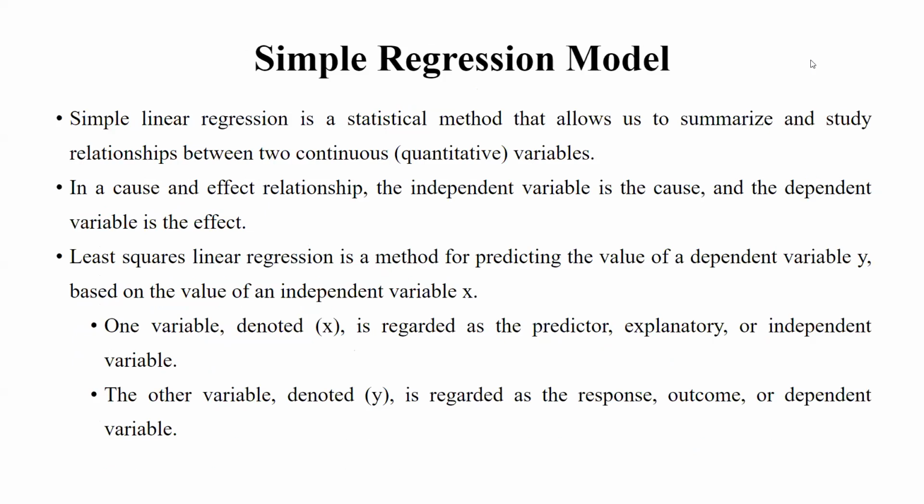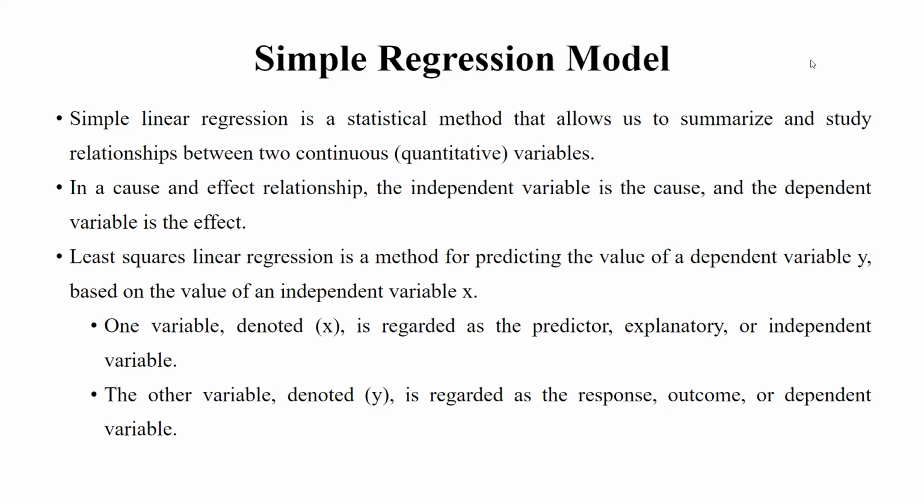As I told you, we are going to learn about only two different types of regression in this course, simple regression and multiple regression. First we'll try to understand what is a simple regression model, and then we go to the multiple regression model.